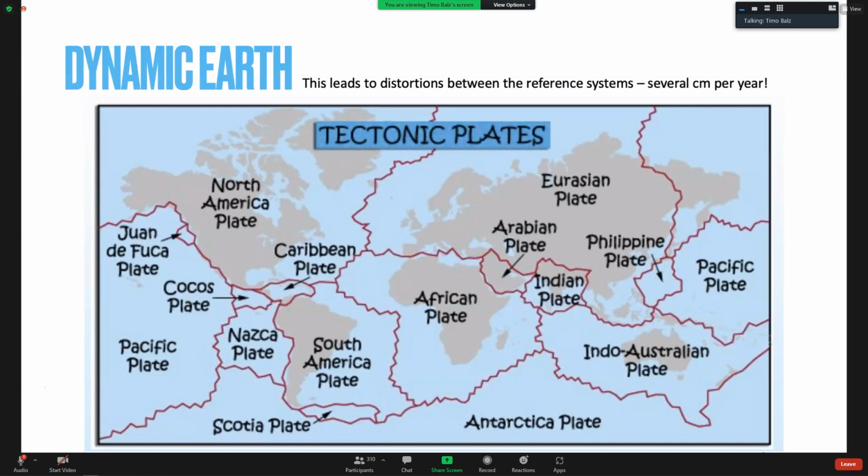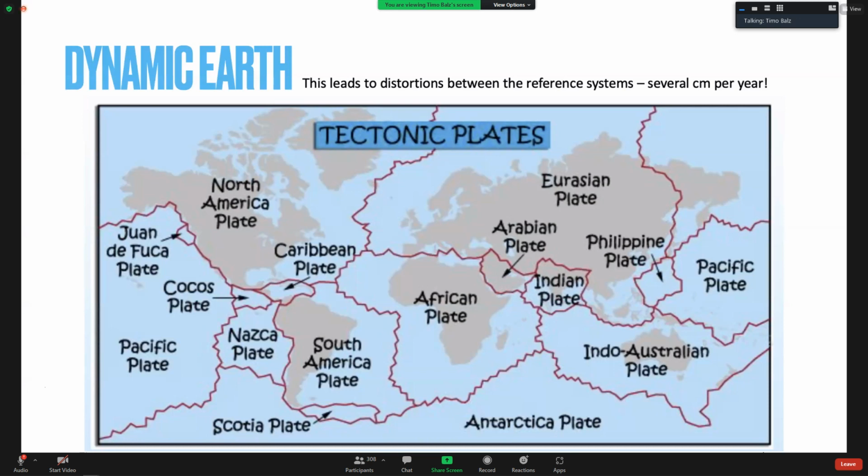Our Earth is constantly moving, right? Nothing is actually really fixed. For example, our reference frames are typically set to a certain date. If we do not correct for that, now in Europe, we often refer to ETRF, anyway, from 89.